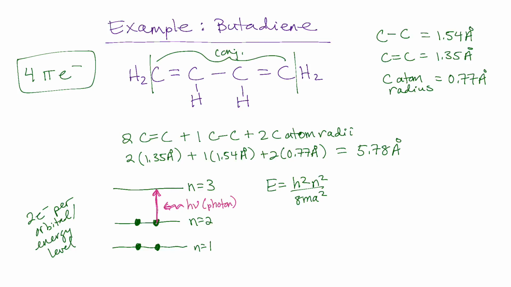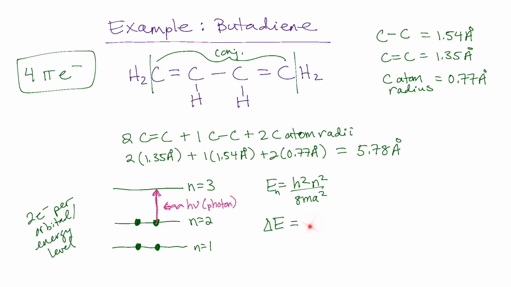That is the expression for the energy levels of a particle in a box. For spectroscopy, remember, we're interested in delta E's. We want to know what the change in energy is for this transition. So we're changing our values of n here, and we're going to calculate a delta E for this transition. Here we're just going to plug in for our different values of n that we're moving between.